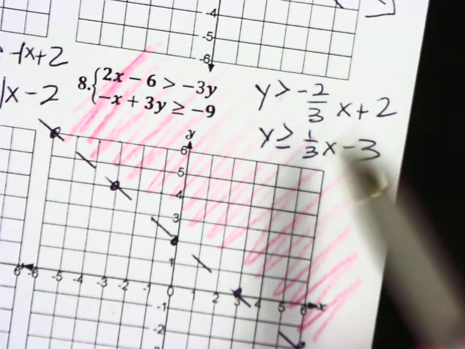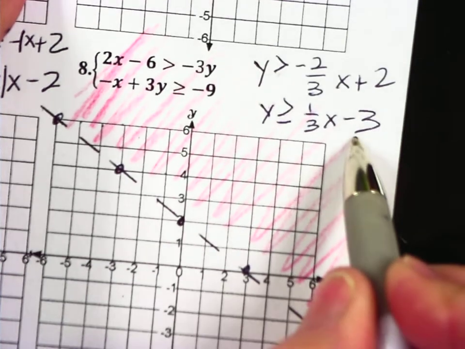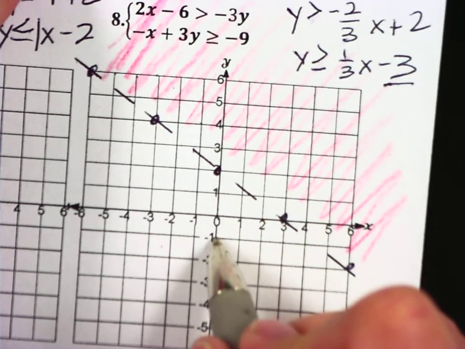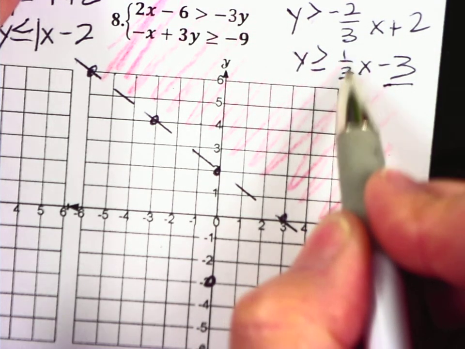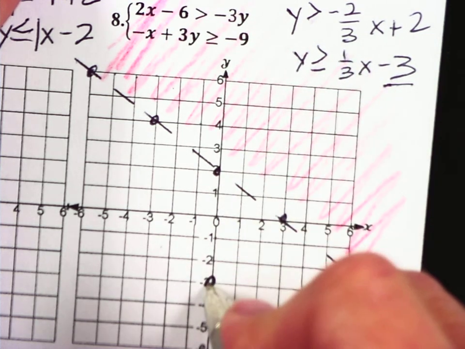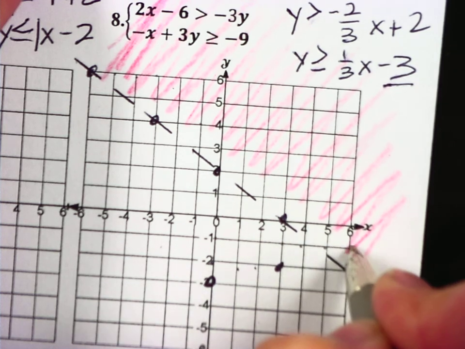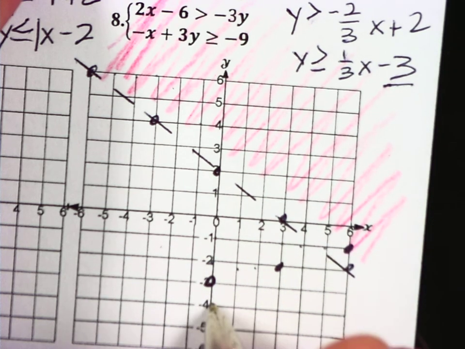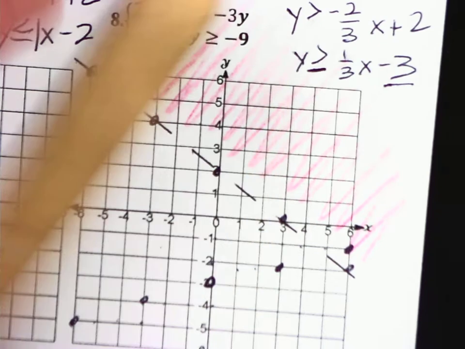And if y is greater than or equal to 1/3 x minus 3, we're going to begin graphing at negative 3 on the y-axis. We're going to go up 1 over 3, up 1 over 3, up 1 over 3, or down 1, back 3, down 1, back 3. It's a solid line.